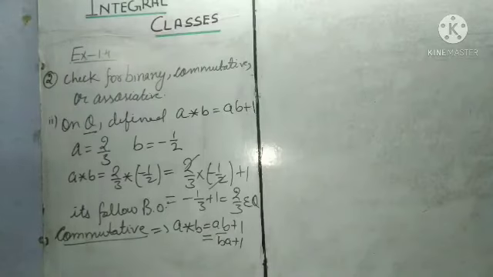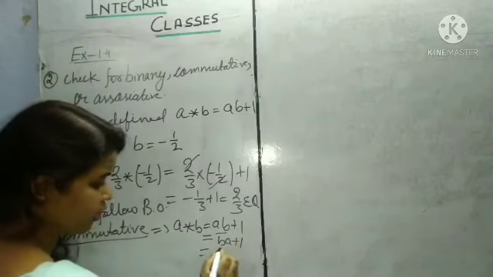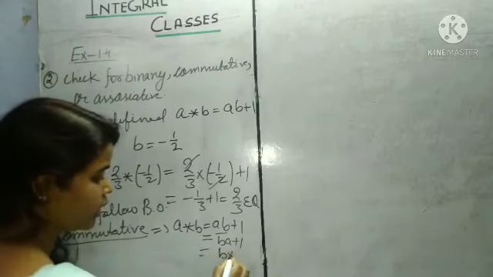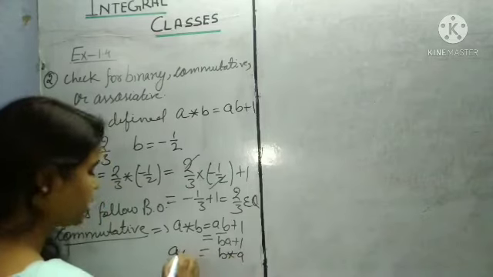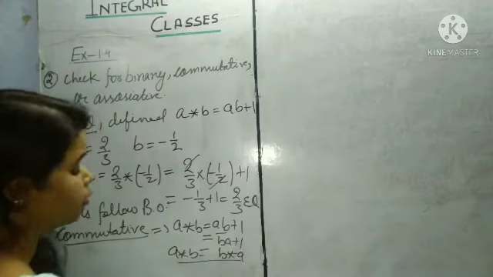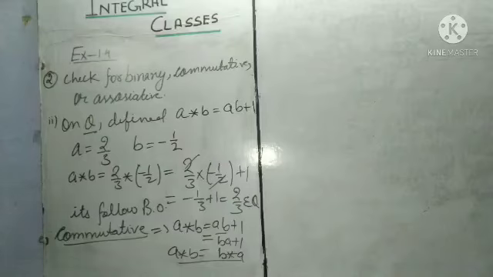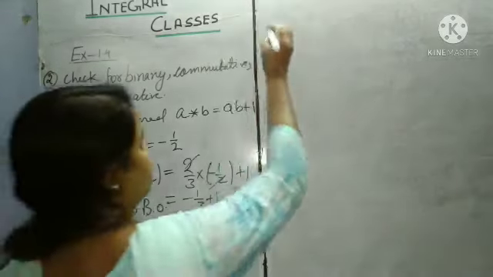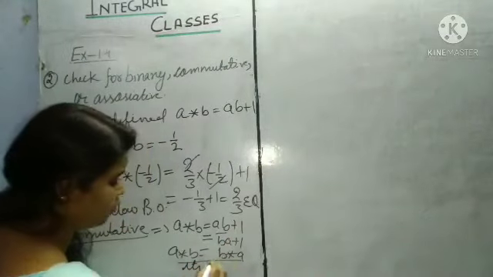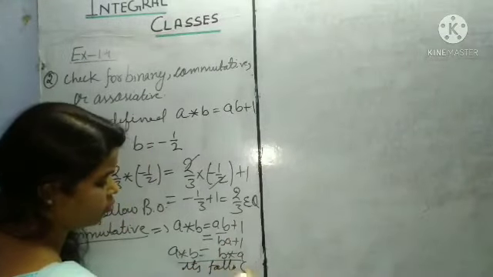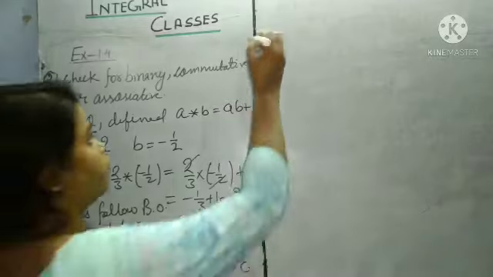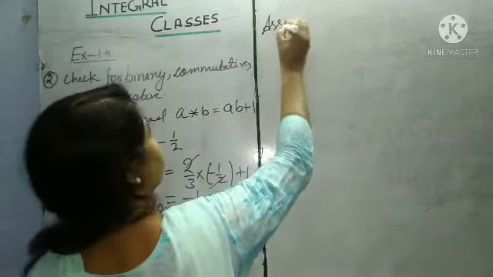So what is the value of B star A? It means A star B equal to B star A. It means it follows commutativity.